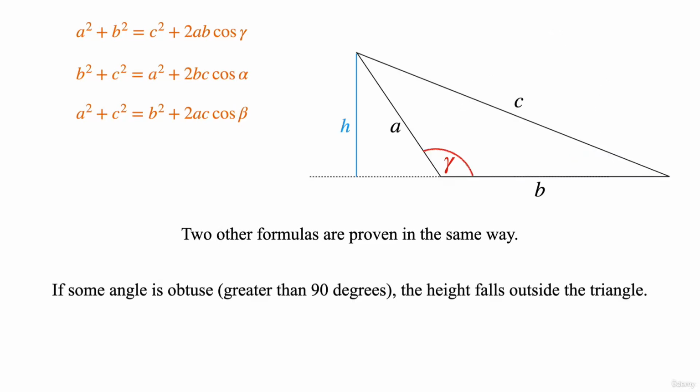And, well, there is some complication if the gamma here was obtuse. Obtuse means larger than 90 degrees. Then this height would obviously fall outside the side B, right? And then you will simply perform very similar reasoning as before, but you will call this part here B1.